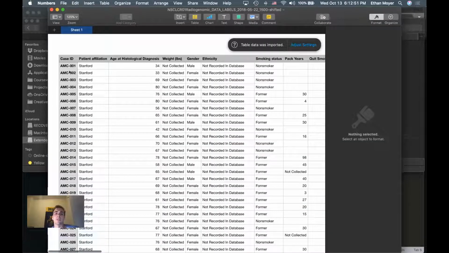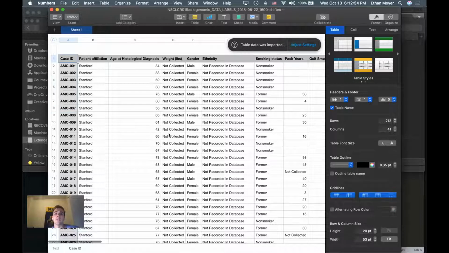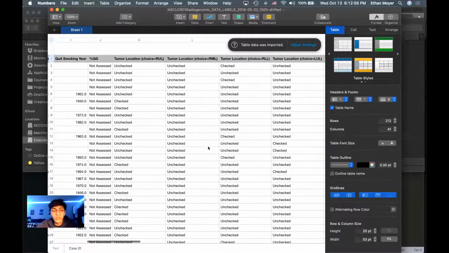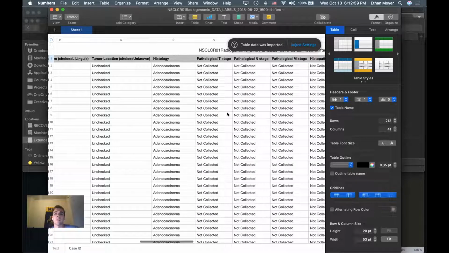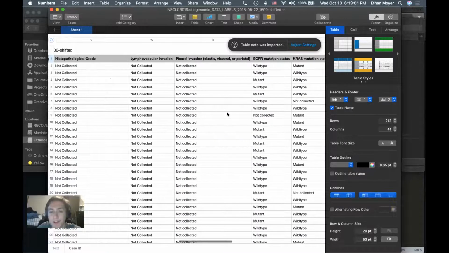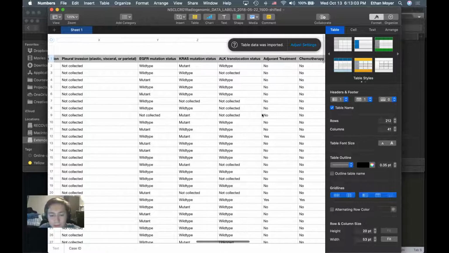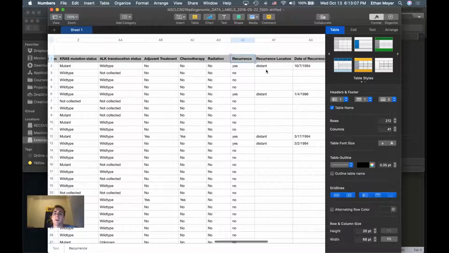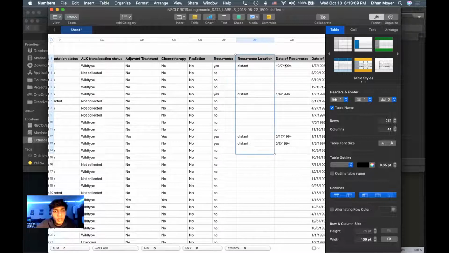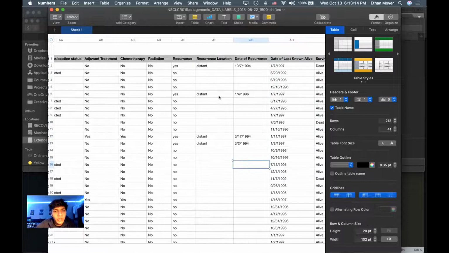So this is each person, these are their identifiers, and then there should be a reoccurrence column. There's also a reoccurrence location as well, but I'll talk about that later. Oh, I didn't know that. So there's a recurrence yes or no. I didn't see this actually. This is pretty interesting. And then there's the date, and there's a location.